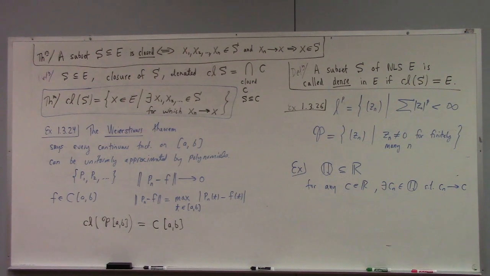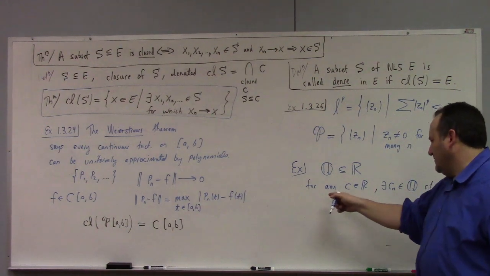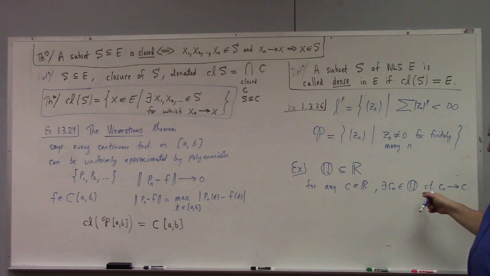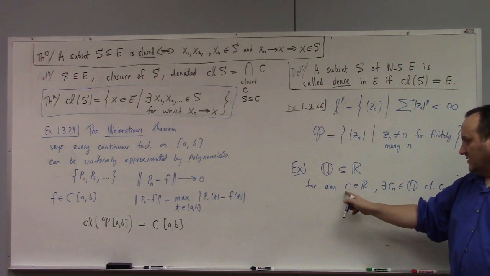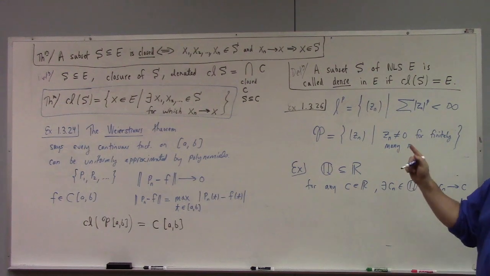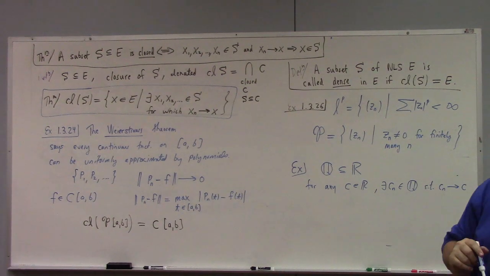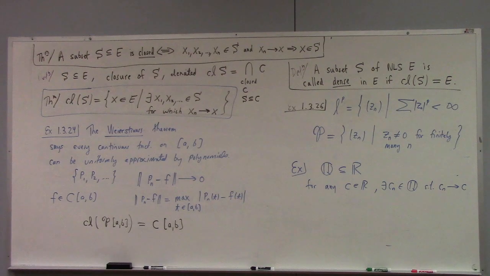So every real number is either already rational, in which case you can take the constant sequence, which is a convergent sequence, or it's a limit. If you don't believe me, you could just take the truncated decimal expansions of the real number, taking more and more decimal digits, which will converge to the real number.